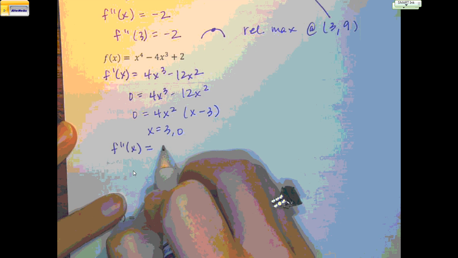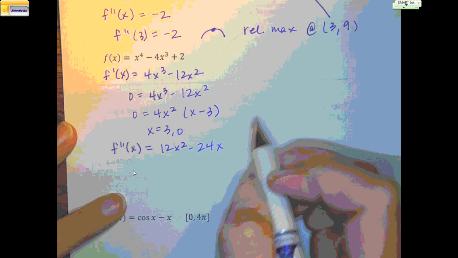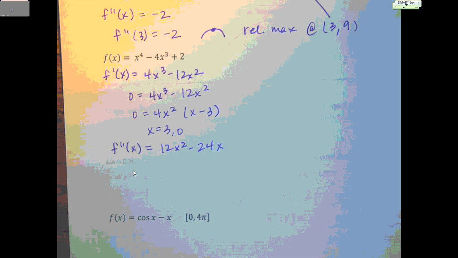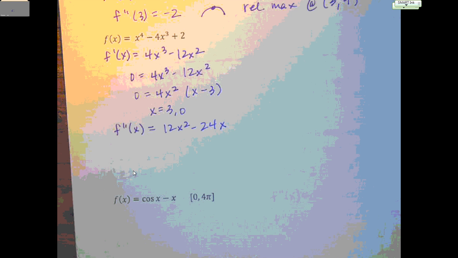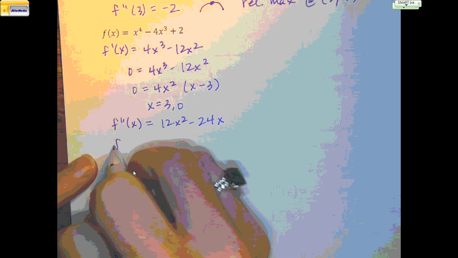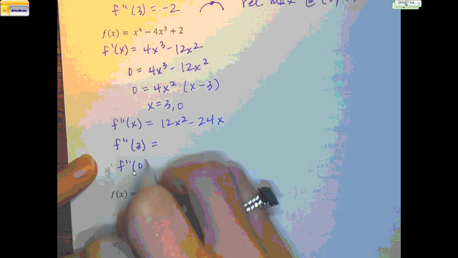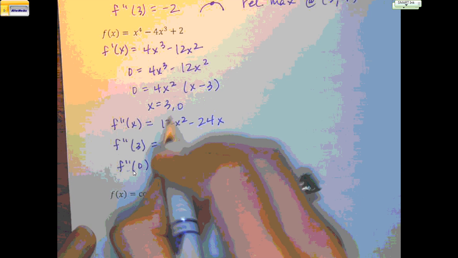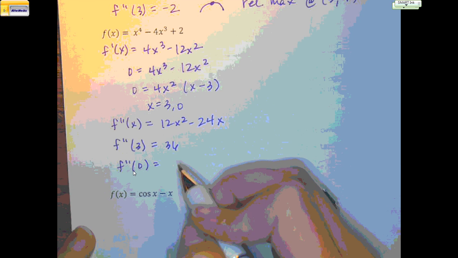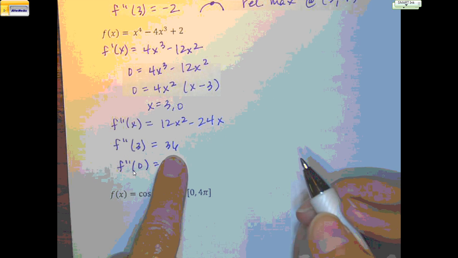Second derivative is going to be 12x squared minus 24x. Now what do we do? Good. Emily's got it. Take the critical numbers, plug them into the second derivative. So I need to find the second derivative at 3 and the second derivative at 0. If I plug in a 3, I get 36. If I plug in a 0, I get a 0. The 36 is a positive number.